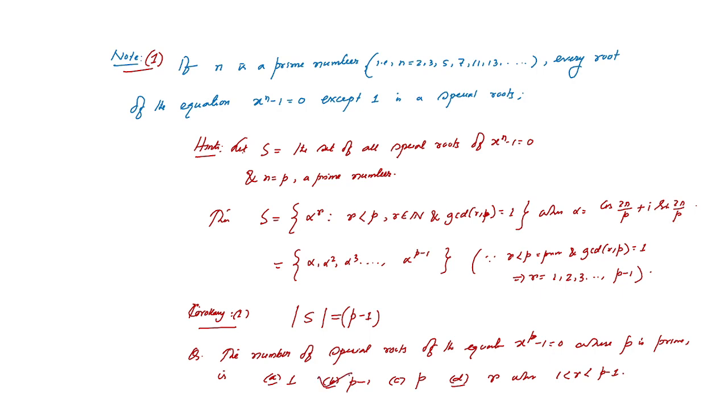So here option B is correct. All other options are false. This kind of question may be asked from the special root section. Now we come to the next important note.